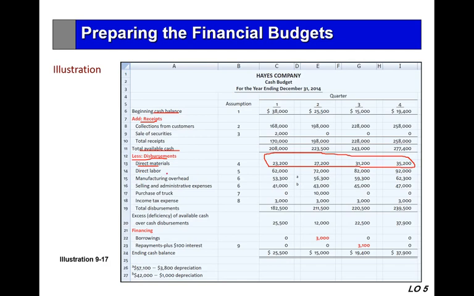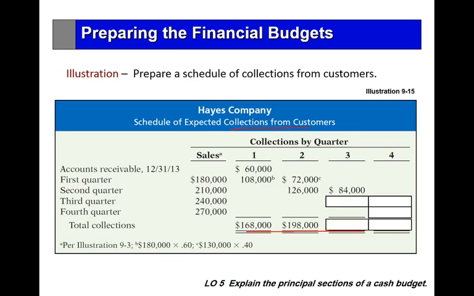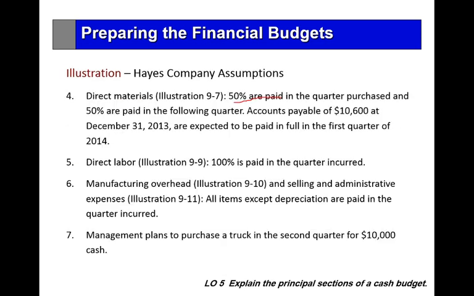Direct labor. In the illustration, number 5, direct labor, 100% is paid in the quarter incurred.